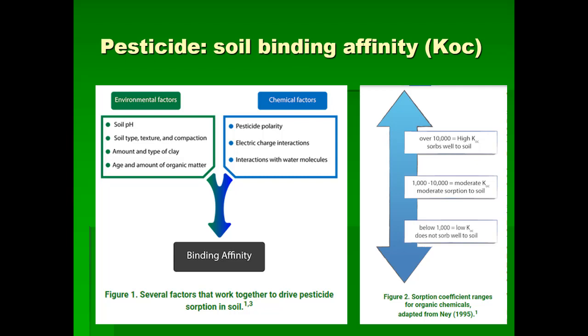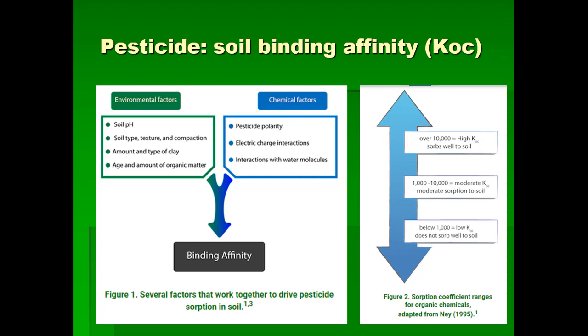Some of them depend on the environment, other ones depend on the chemical itself. And as we can see on the right figure, a high KOC of more than 10,000 implies that it binds tightly to soil. Between 1,000 and 10,000 is moderately bound, and below 1,000 it does not really absorb to soil very well.